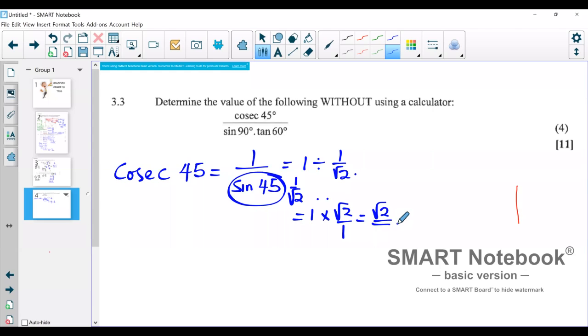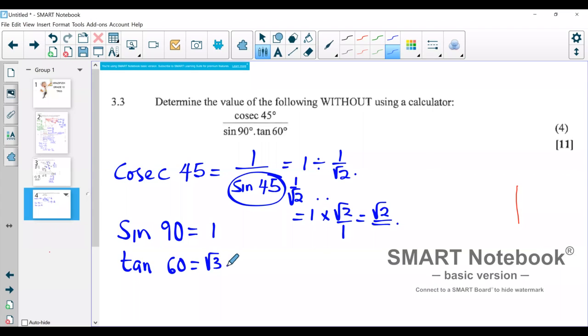All right. Now, sine 90 is 1. And what is tan 60 without the use of a calculator? Remember, you are not going to be allowed to use a calculator here. Tan 60 is root 3.